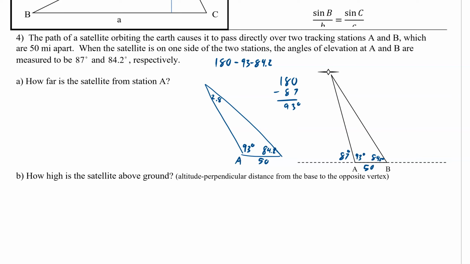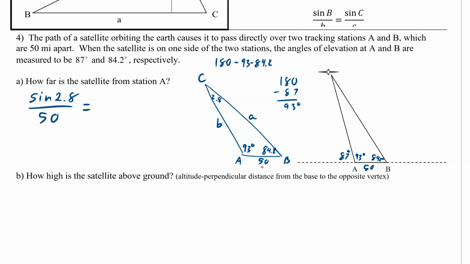And I like to mark it. I'm going to call this A and this B because that's what they gave me, and then that's C. So this would be little a, little b, and then we know c is 50. And so we always want to gravitate towards that given side and angle that are mixed together. So we know that sine of 2.8 is to 50 as, and then we just pick one that we need.